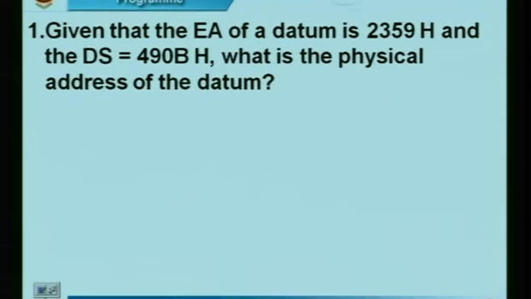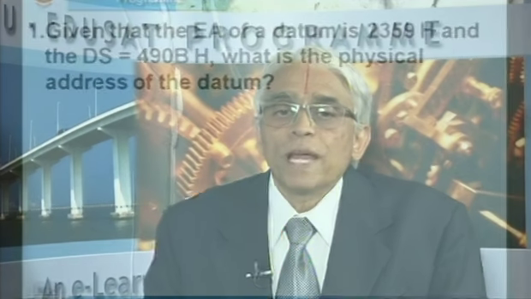So, it is a simple example. Given that the effective address of a datum is 2359 hexa. I do not usually call this 2359, as that is usually used in the decimal number system. Since we are talking about the hexadecimal number system, it is always better to mention it as 2359 hexa, and the data segment is 490B hexa.